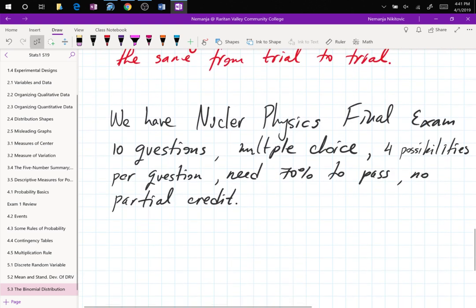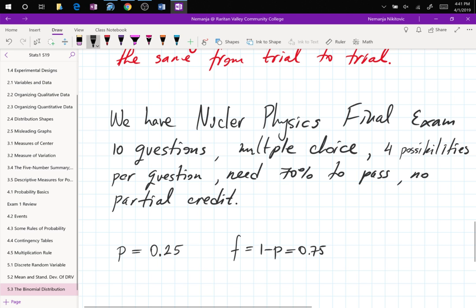So the probability of success, a lowercase p, is 0.25, and the probability of failure would be 1 minus p, which is 0.75. So you are much more likely to fail than to guess correctly as you are going through this. So this is a Bernoulli trial.